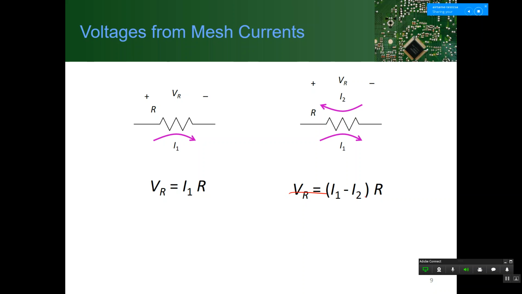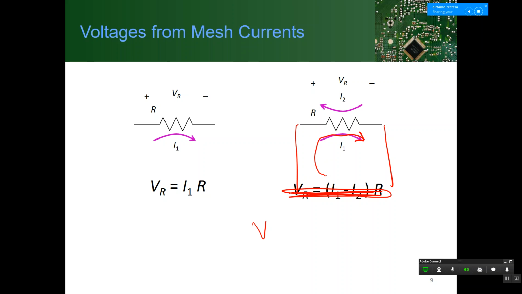I'm going to cross this out because I have a simpler way of thinking about it. If we have a loop that's going in this direction and I'm analyzing this loop like this, okay? My current is going in this direction, so that means I'm going in the positive I1 direction because I'm going with the direction of I1.